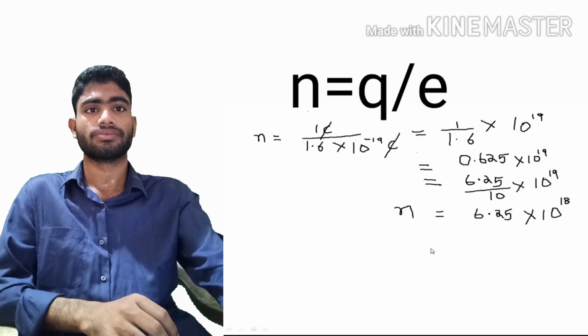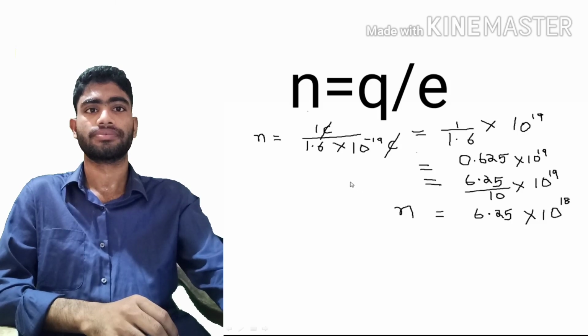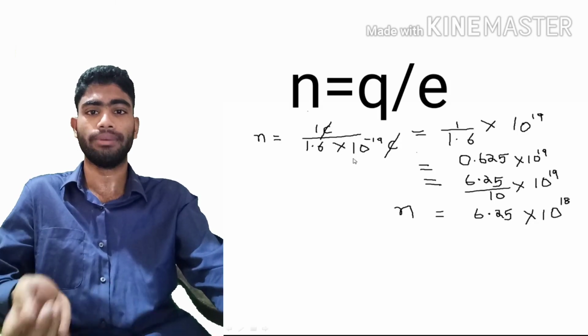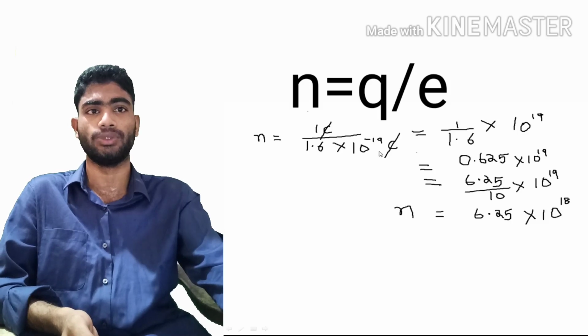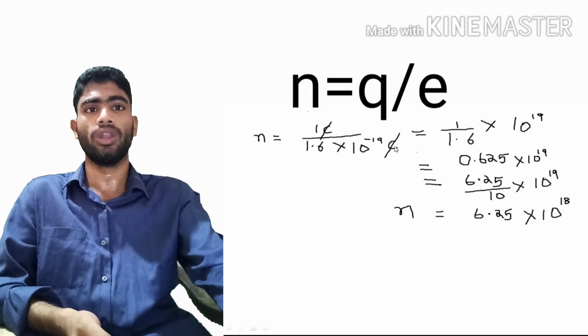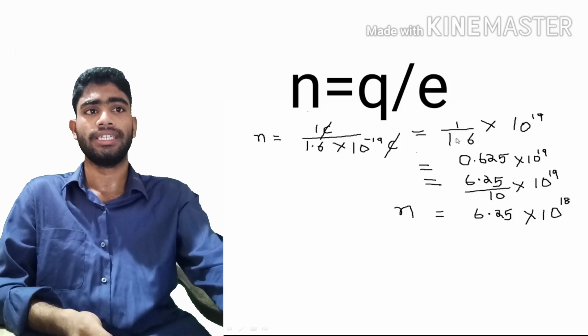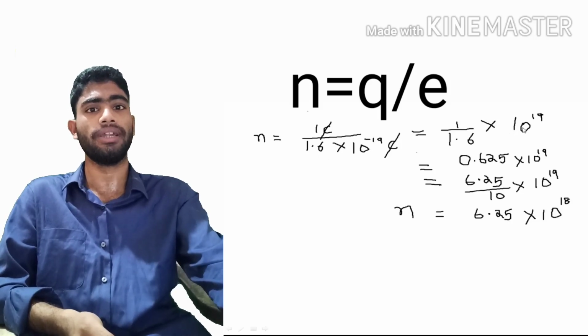Now N equals 1 coulomb divided by the charge of the electron, which I mentioned earlier is 1.6 into 10 to the power minus 19 coulomb. The coulomb unit will cancel out, and the remaining will be 1 by 1.6 into 10 to the power minus 19. When 10 to the power minus 19 goes to the top, it changes its sign and becomes 10 to the power 19.